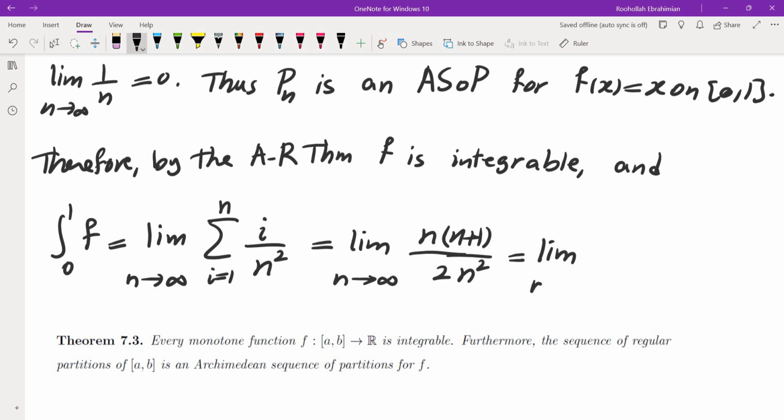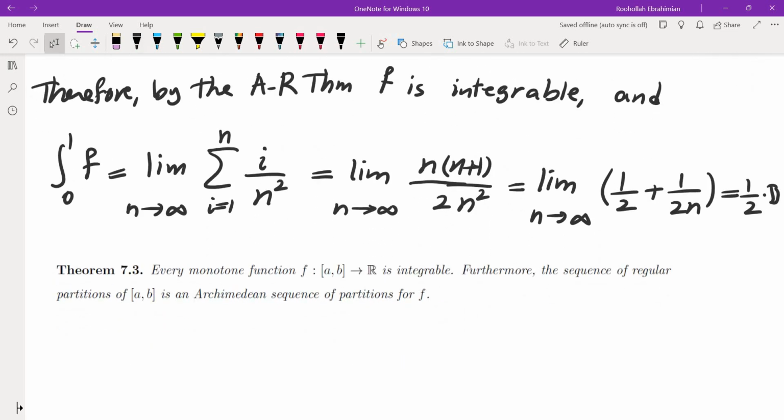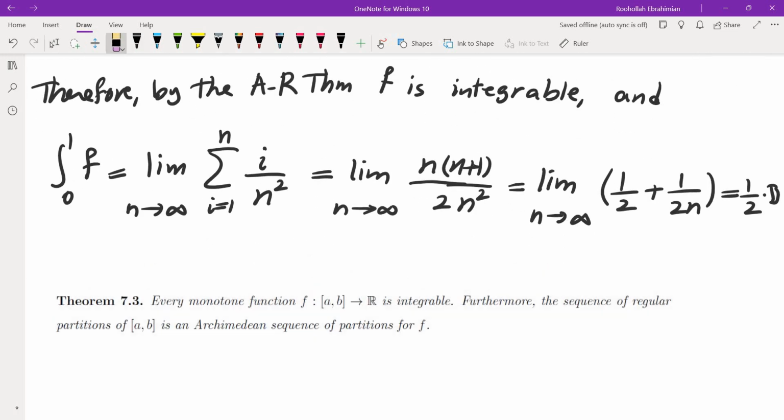That's pretty easy to evaluate. So I'm going to cancel the n and break this down into 1/2 plus 1 over 2n, which is 1 over 2. So the integral is in fact 1 over 2. So that's pretty straightforward.